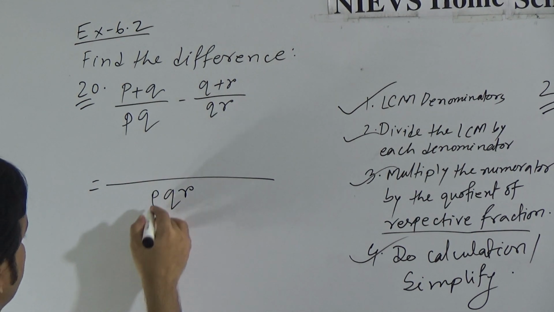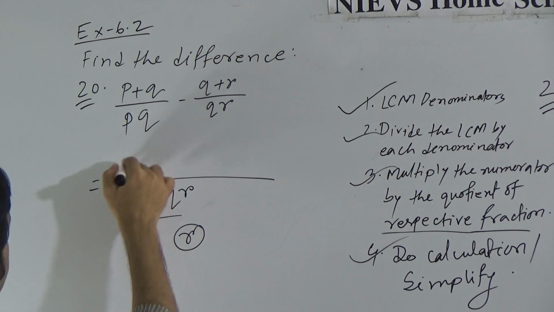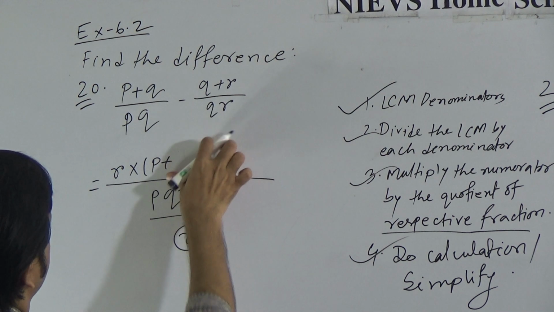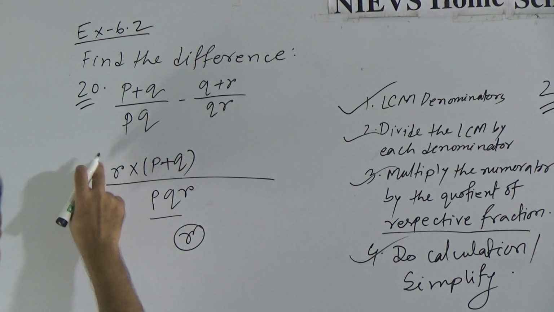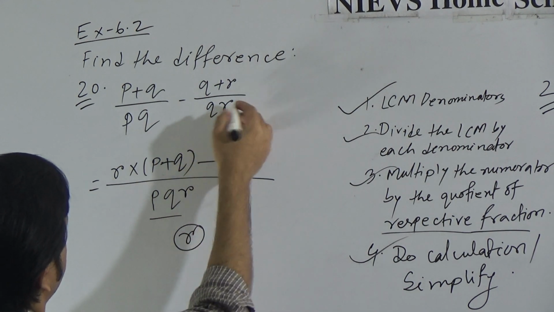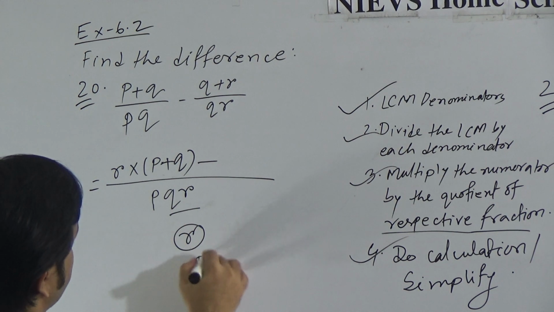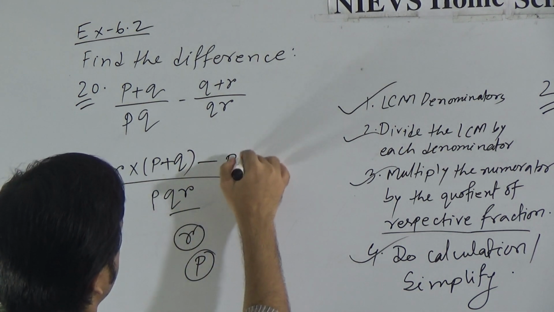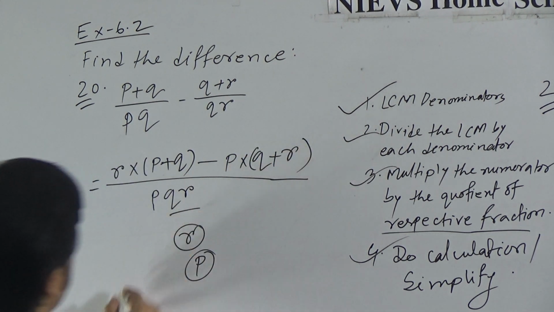If we divide by PQ, only R will be the quotient, so we have to multiply P plus Q by R, as we have to multiply the numerator by the quotient. Now we divide by QR. If we divide by QR, we will get P as quotient, so we have to multiply Q plus R by P.